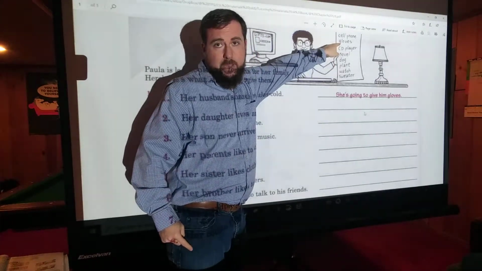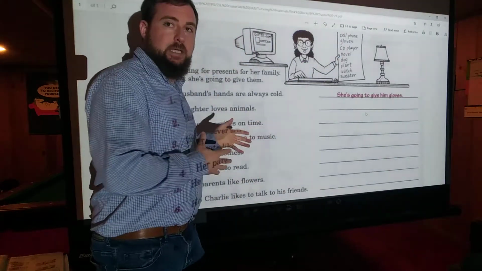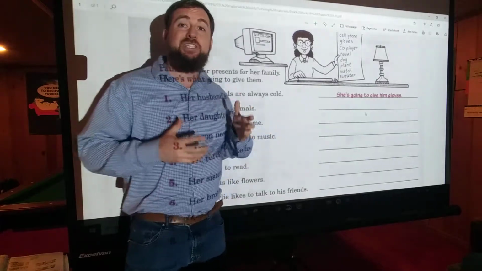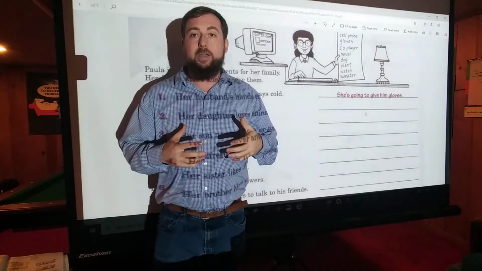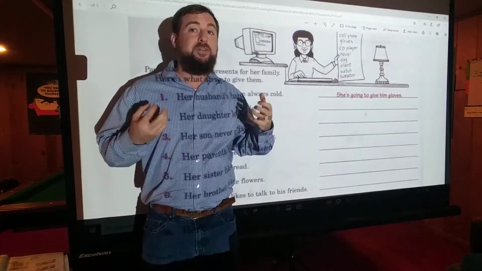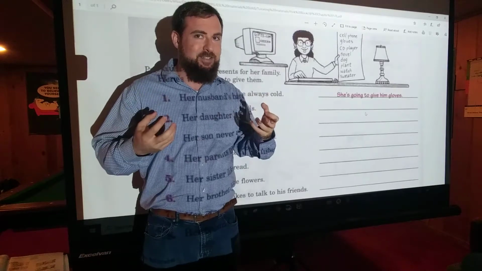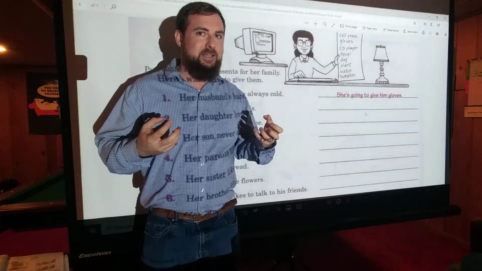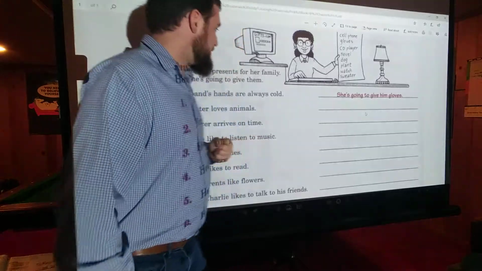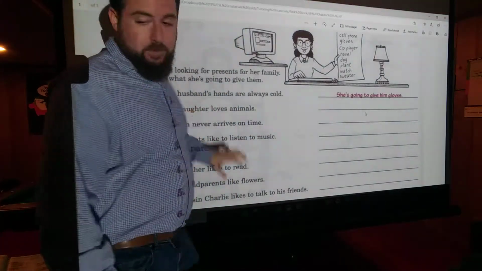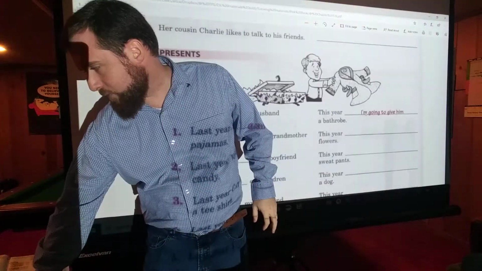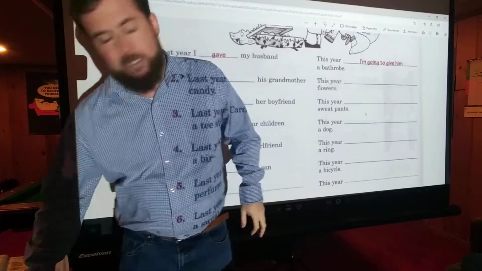Gloves, okay? So I really like this exercise because you have to think about several things at the same time, which you can only do if you can really actually speak English very well, okay? So this is good practice, okay? So go ahead, fill that in, finish that, and then the second one, it's pretty much the same thing.